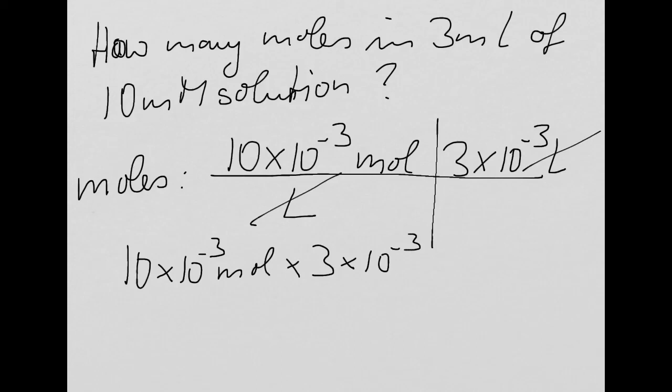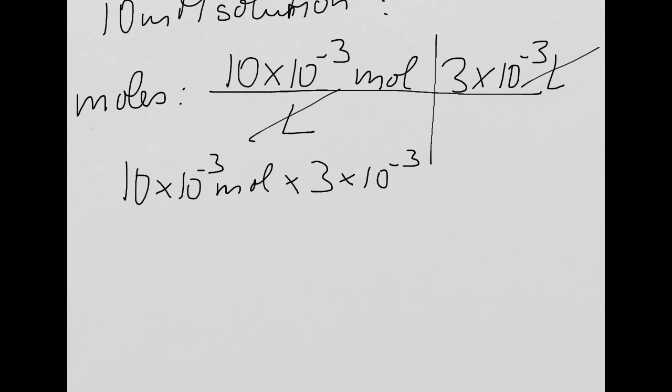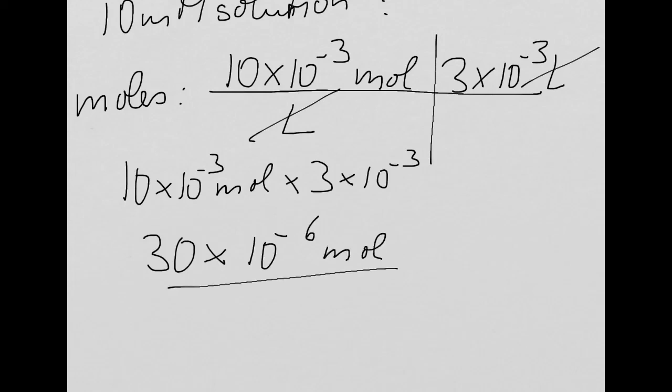Yeah? And I can put that together. So 10 times 3 gives me 30. And 10 to the minus 3 times 10 to the minus 3, that's 10 to the minus 6. So 30 times 10 to the minus 6 mole are in these 3 milliliters.